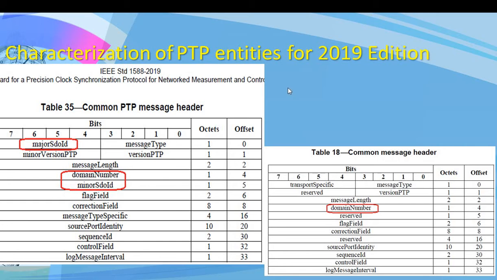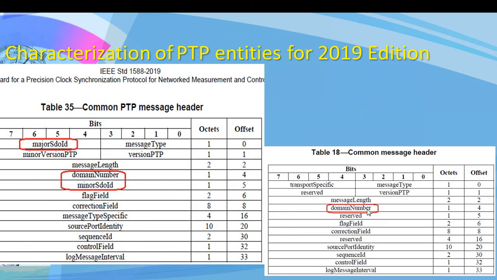From the PTP message point of view, here is the 2019 version: the domain number and the minor SDOID, replacing the major SDOID. On the right side is the PTP message header of the 2008 version.